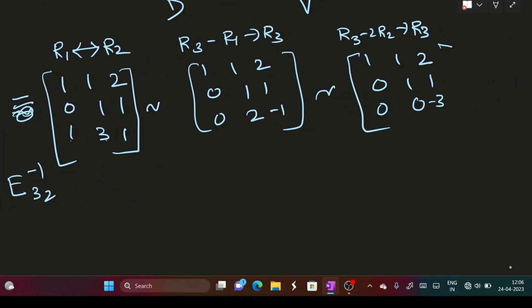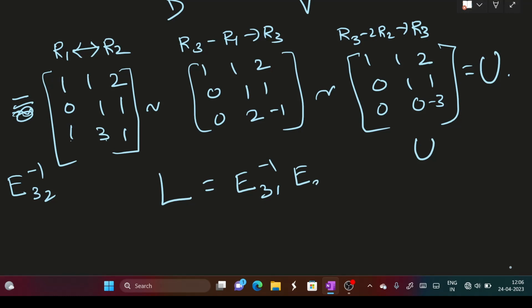So I got my matrix. It is an upper triangular matrix. So its name is U. So I got my U. What is my L? L is equal to E31 inverse E32 inverse.